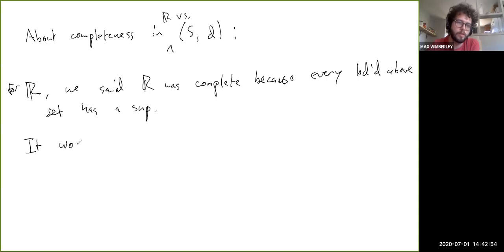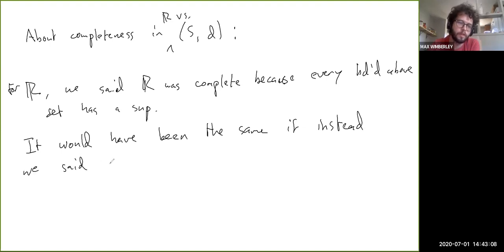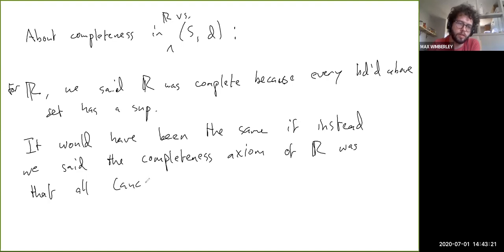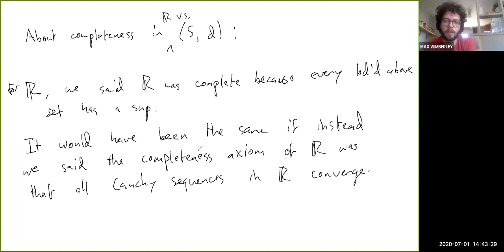It would have been the same if instead we said the completeness axiom of R was that all Cauchy sequences in R converge.